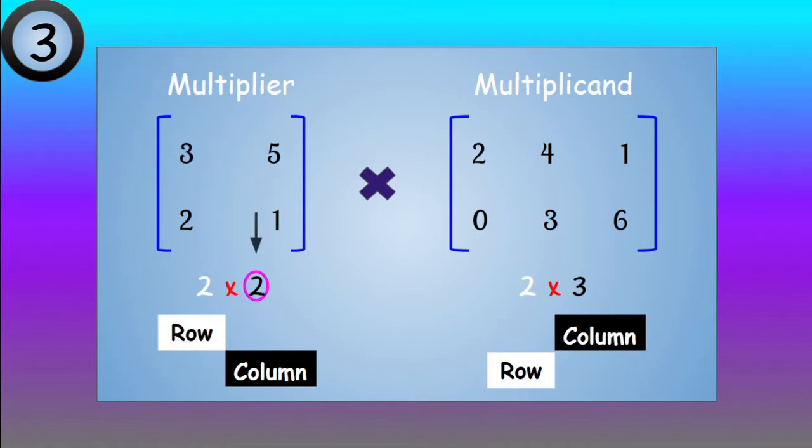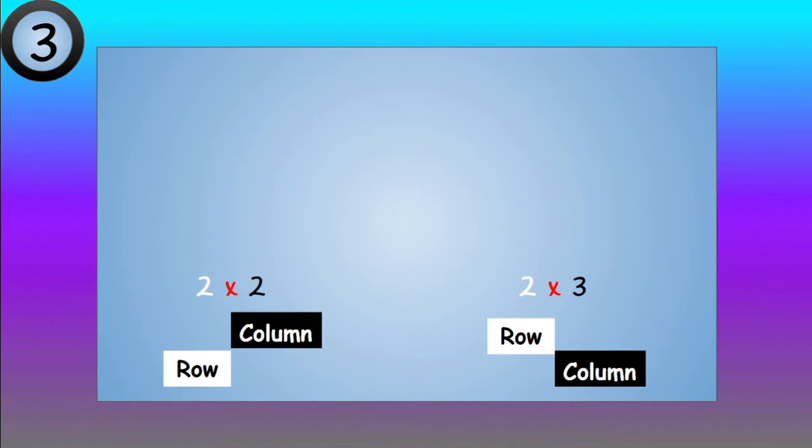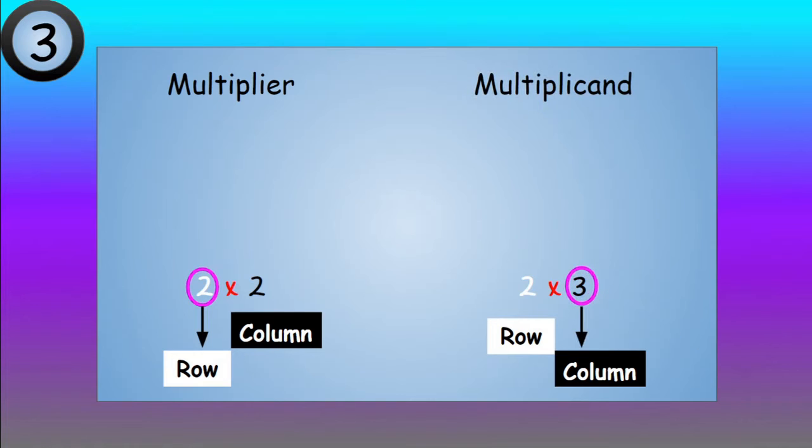So when the column of the multiplier matrix and the row of the multiplicand matrix are equal, we say that the matrix is defined. That means it is possible to multiply the matrices together. Then the row of the multiplier and the column of the multiplicand matrix come together to give the dimension of the resulting matrix.